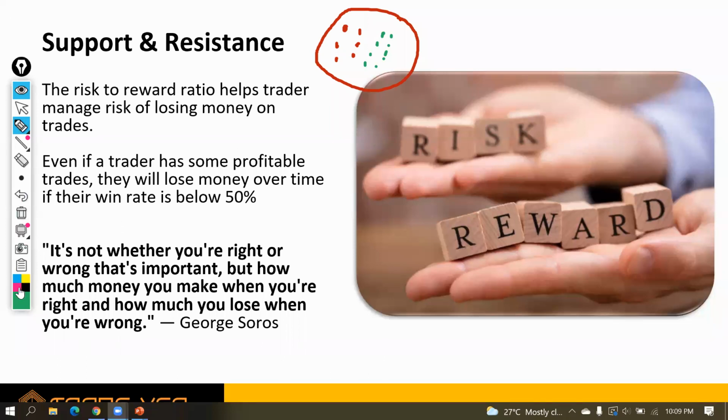Now your portfolio should look like this: these are all your big winners, and the losers should be within here, small ones. So even though we have lots of losers, some big winners are able to cover your losses.